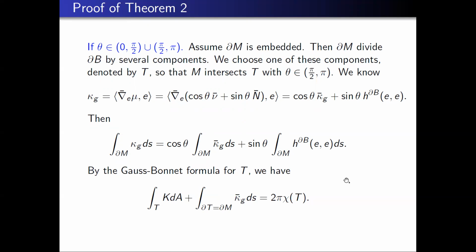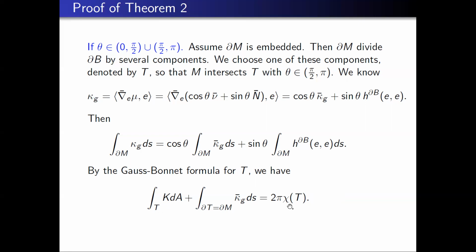By the Gauss-Bonnet formula for T, because we assume the boundary M is embedded, so we can use the Gauss-Bonnet formula for T. And we have this equation. This term here is the Gauss curvature, and here is the total geodesic curvature.